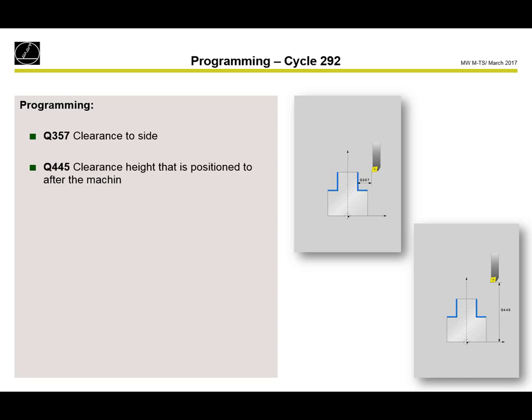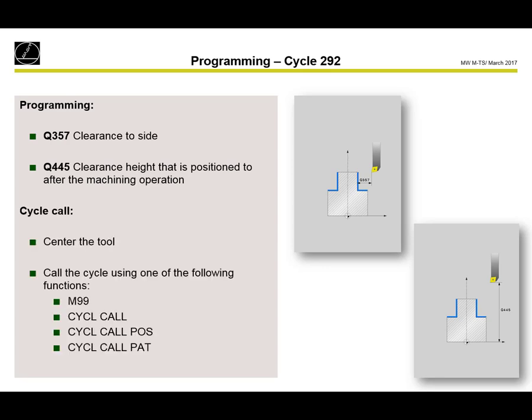This is important. The clearance height is always regarding the active datum, the active preset what we have here. And then we go to the middle of the machining and we call the cycle with M99, cycle call POS or cycle call PAT.